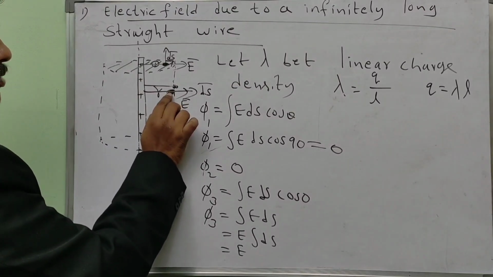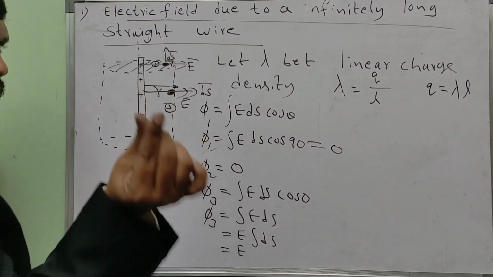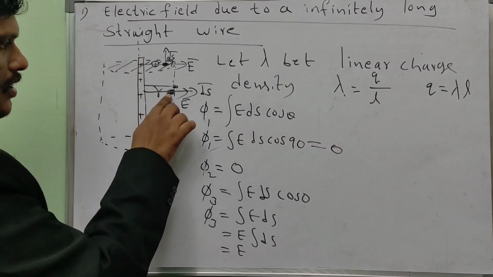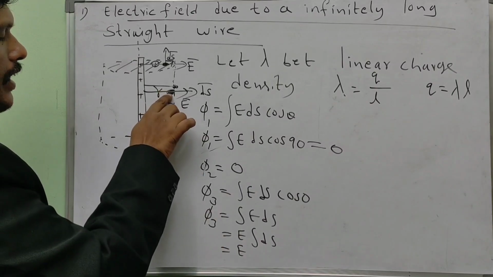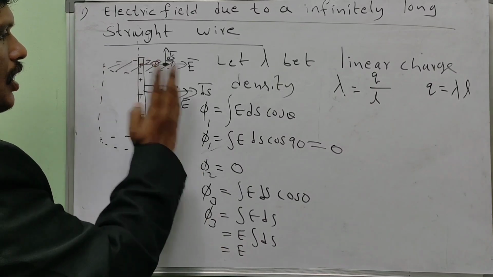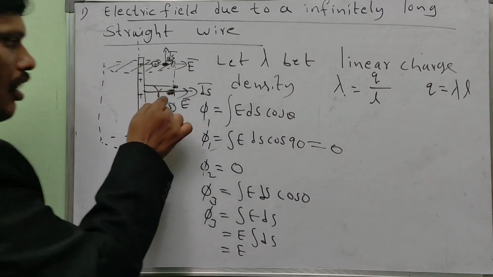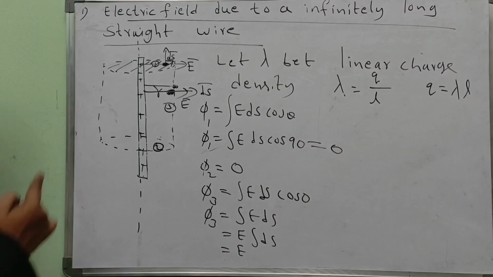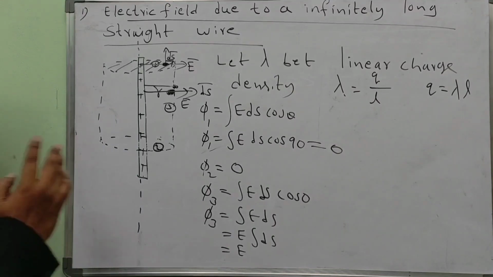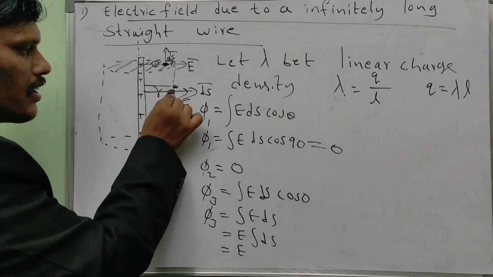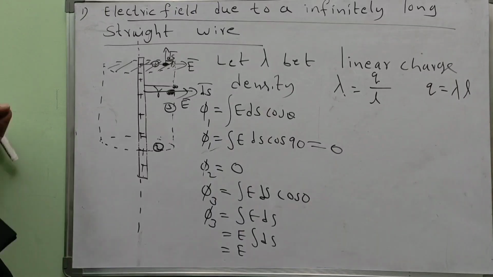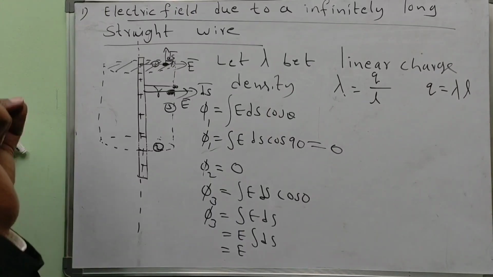Here dS means a small surface area, which we considered. Related to this small surface area, what is the total surface? I am considering this small surface area on the curved surface of the cylinder.